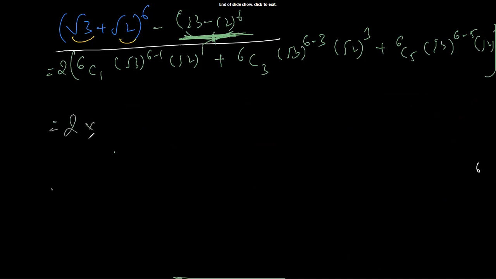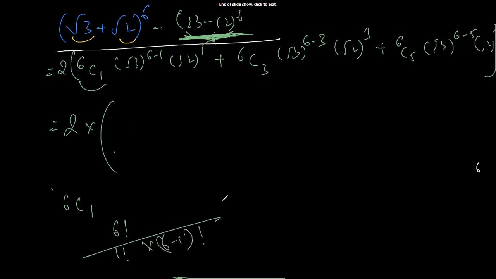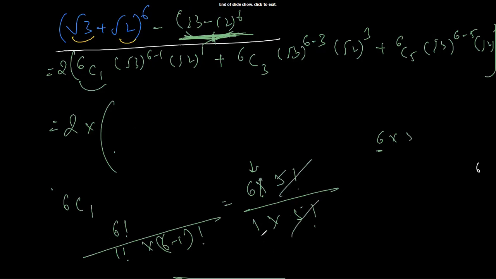Twice of 6C1 is 6 only, because 6C1 means 6 factorial divided by 1 factorial and 6 minus 1 factorial. 6 minus 1 is 5 factorial. So I will open this numerator till 5 factorial because I have to cancel, because factorial means you are multiplying that term with the preceding terms. So 6 over 1 is 6 only.